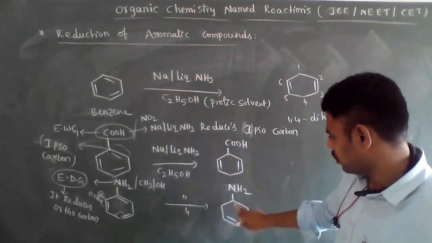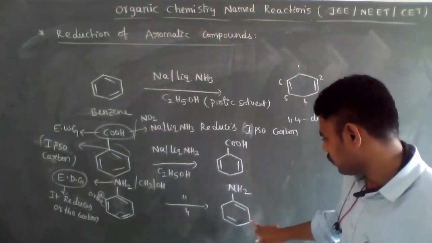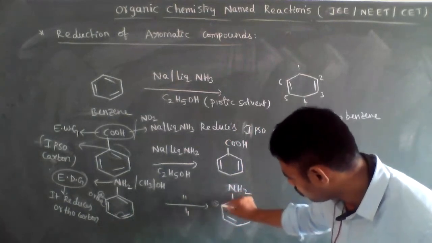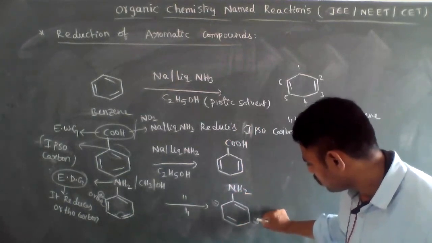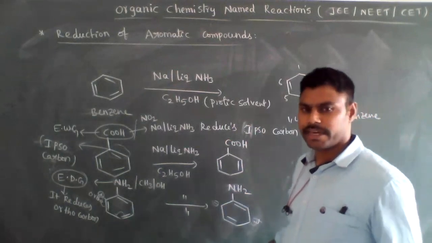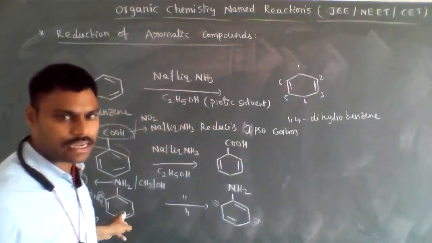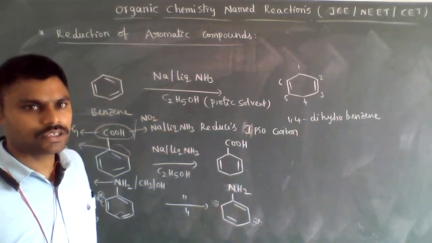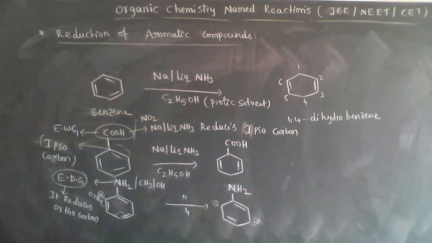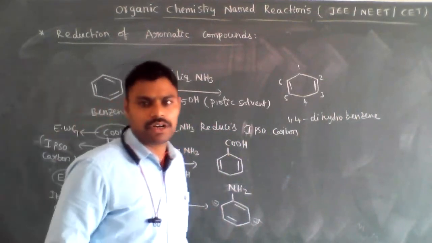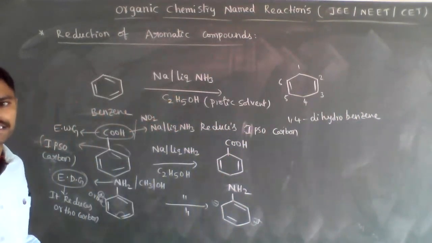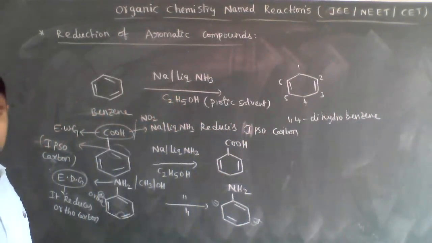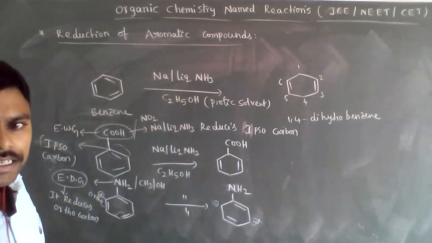This is 1, 2, 3, 4. Opposite carbon atoms will be reduced and conjugated is converted into isolated. Now there is no conjugation here. So this is the importance of the Birch reducing agent. Okay? Remaining named reactions we will discuss in the next section.